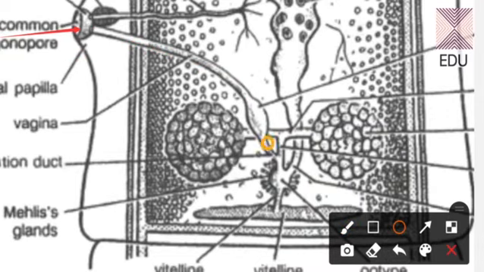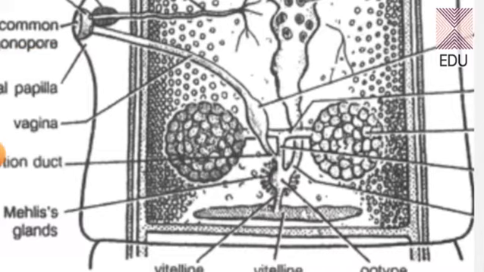This is the place where fertilization occurs. Now this fertilization is a cross type of fertilization, because the sperms of this particular segment are not fertilizing the eggs of this segment. The sperms are coming from some other source. So that's why we call it a cross type of fertilization.